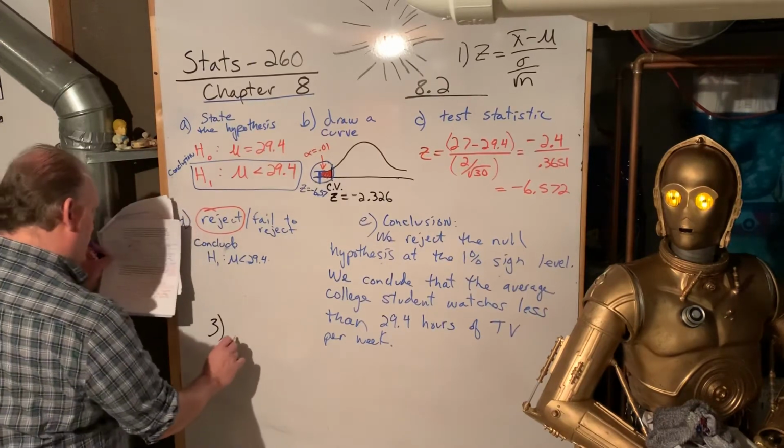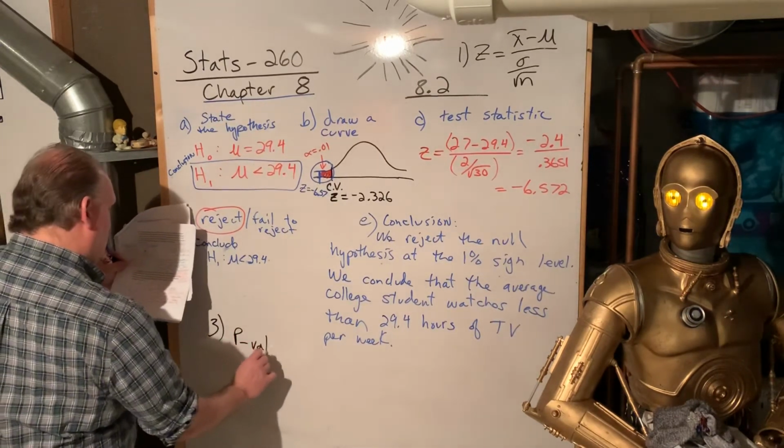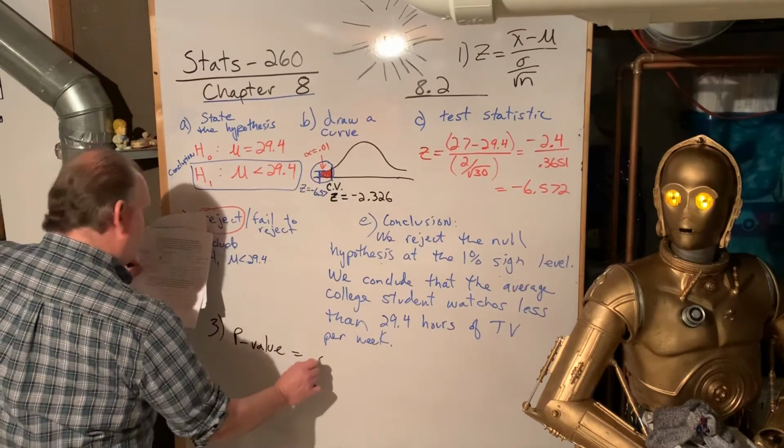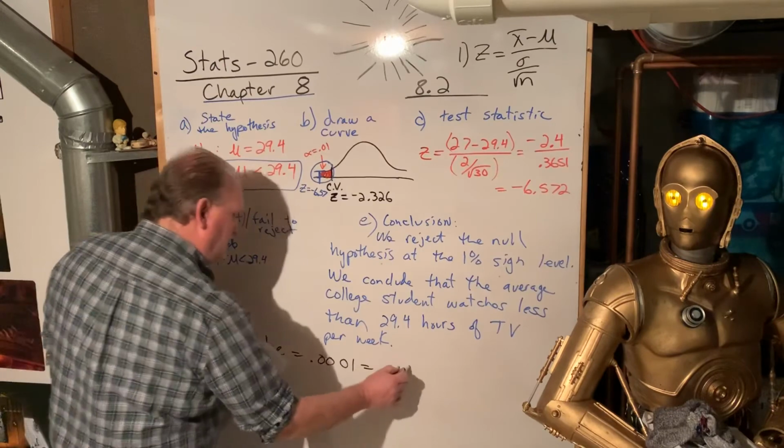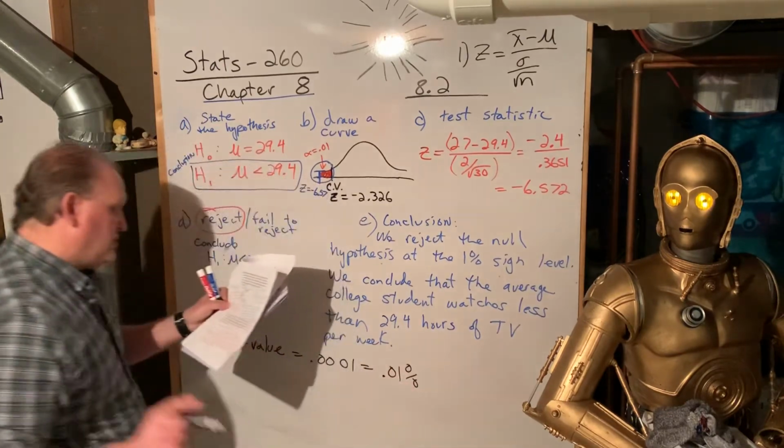So if we had the p-value right up on this, that's 0.0001, because it's off the charts small. That's 0.01%.